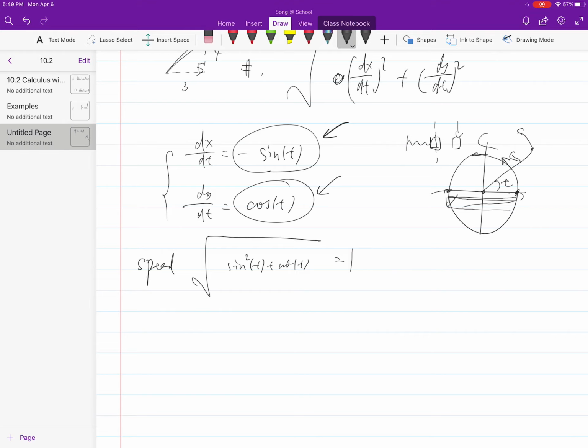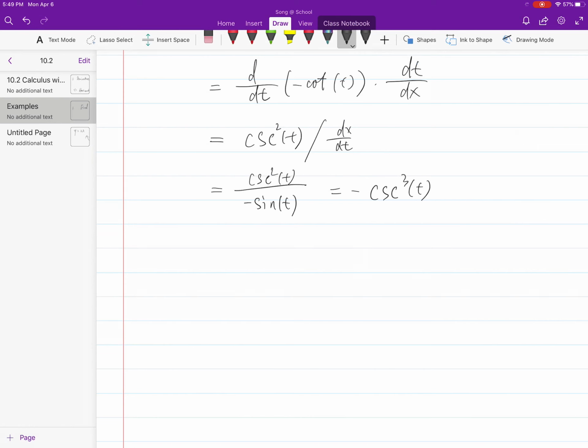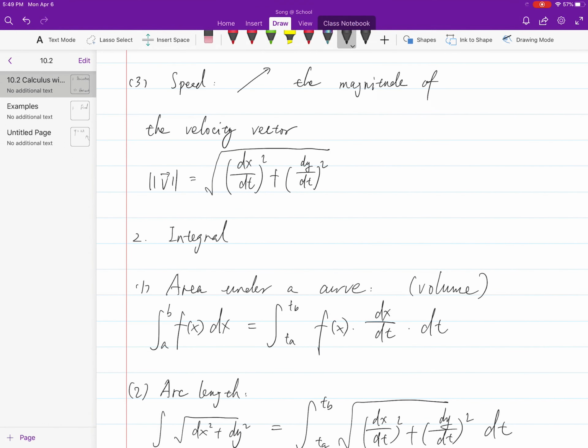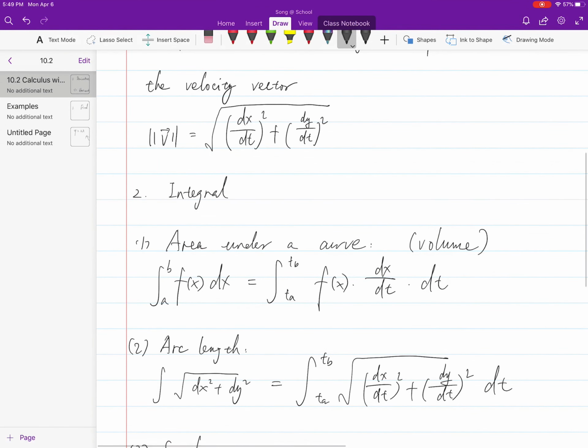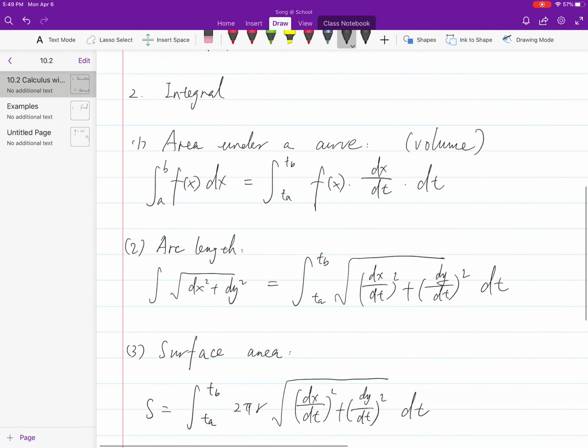That kind of makes sense, right? If you take this one with a uniform angular speed, then the linear speed will be constant too. That is reflected in this speed formula. So that's what we got.